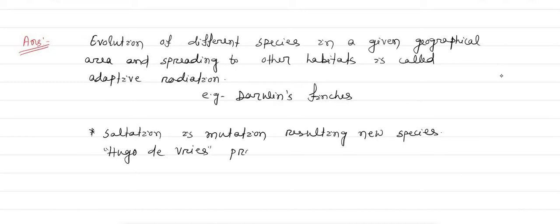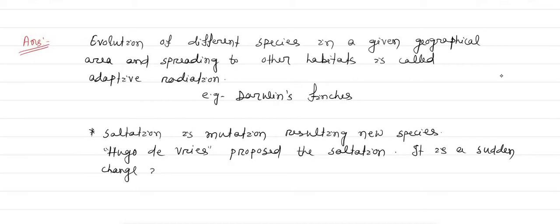Saltation is a sudden change in the gene of a species which gives rise to a different species from the wild type.